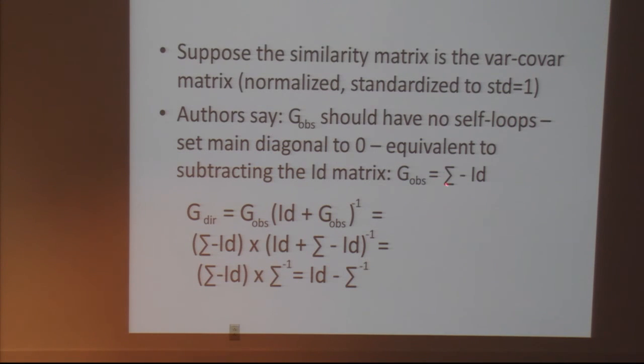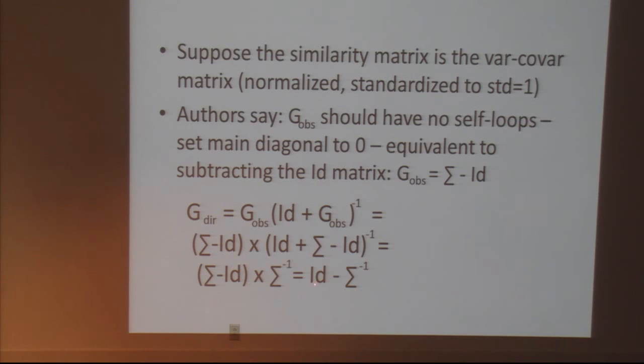Now let's put this into their formula. This was their formula. G observed is now the variance-covariance matrix minus identity. So G observed is sigma minus identity. And when I put sigma minus identity into this parenthesis here, I have plus the identity minus identity. It disappears. The inversion goes here. And then I multiply the inverse variance-covariance matrix onto this.